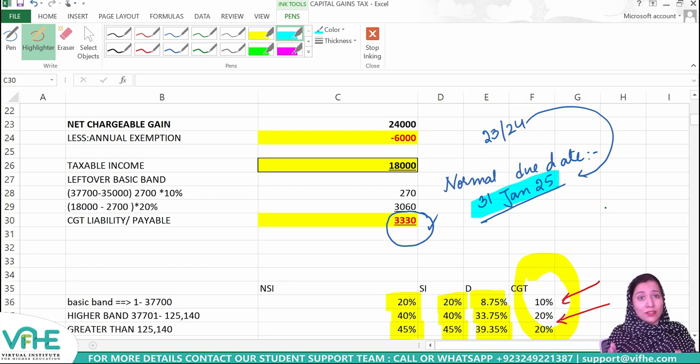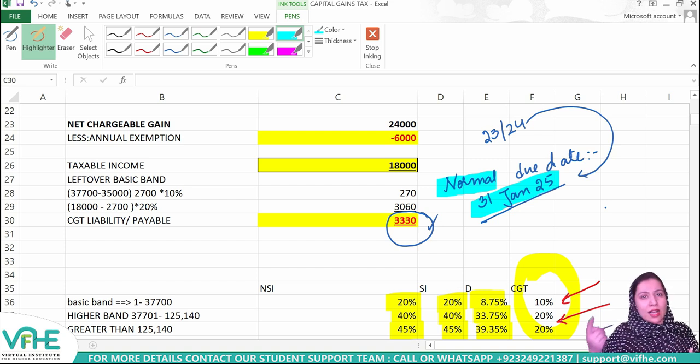So wow, this 31st January after the tax year is a very important date, as on this date so many obligations are to be fulfilled, just like this, where the capital gains tax liability will have to be paid. But why did I say the normal due date? Later in this chapter, I will tell you that when residential property is sold, there tends to be a change in the due date of payment of capital gains tax liability.